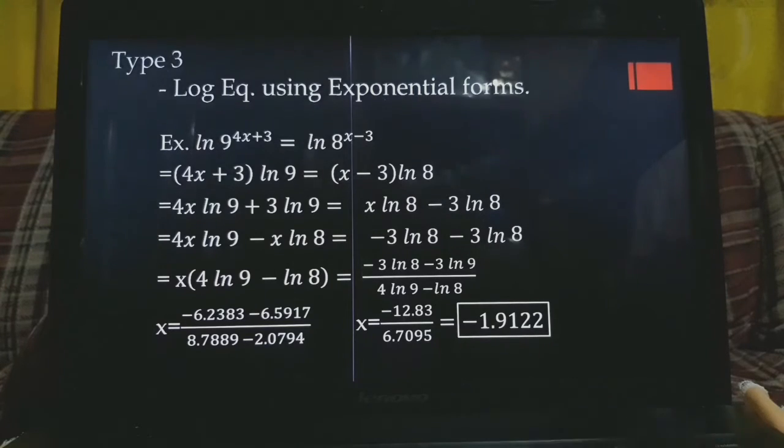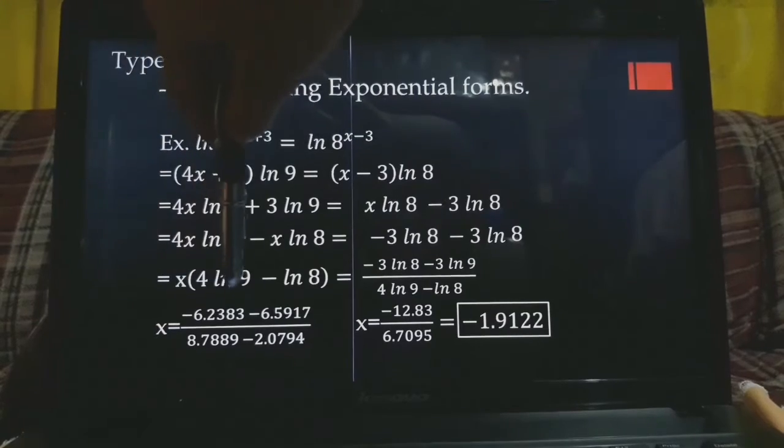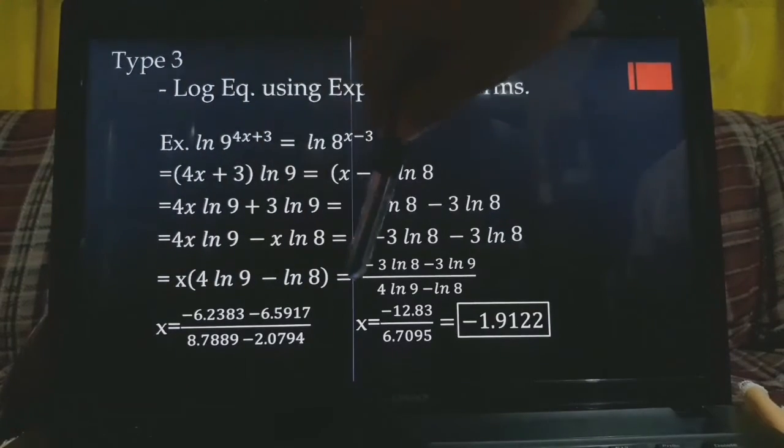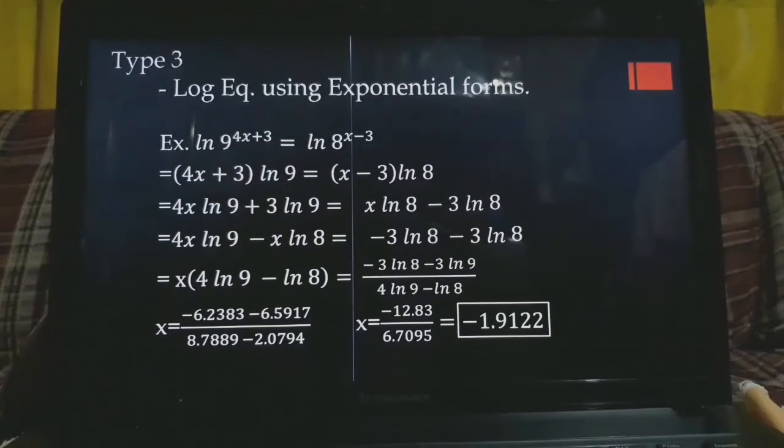And then simplify to simplest form, x times 4 natural log of 9 minus natural log of 8 is equal to negative 3 natural log of 8 minus 3 natural log of 9 divided by 4 natural log of 9 minus natural log of 8. This will be cancelled.